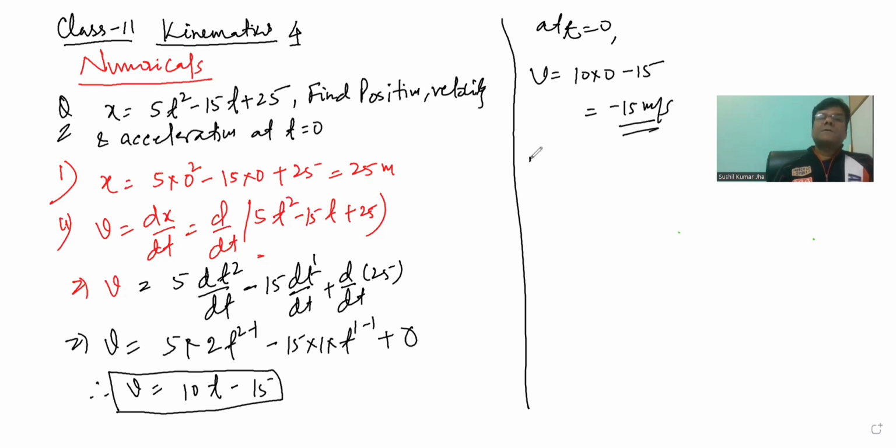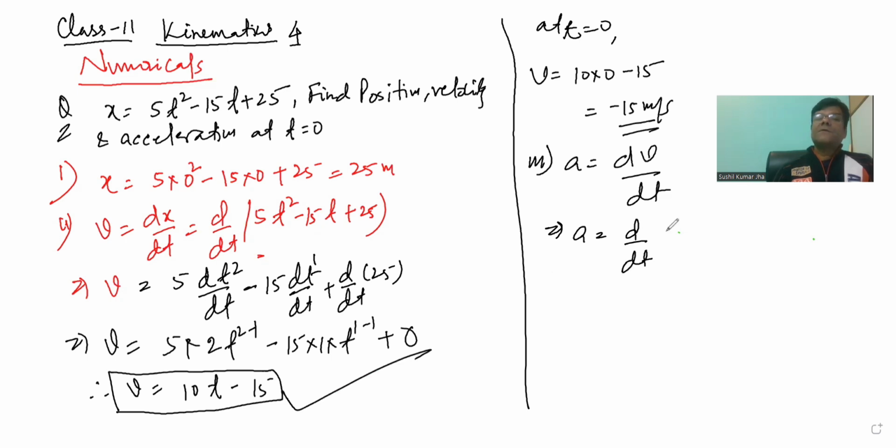And then third, we are told to find acceleration. We know acceleration is dv by dt. So acceleration would be d upon dt of the equation for v, which is 10t minus 15. So it will be 10 dt upon dt minus d of 15 upon dt. d of 15 is 0 because it is constant.